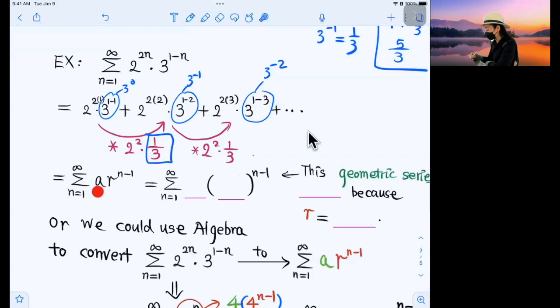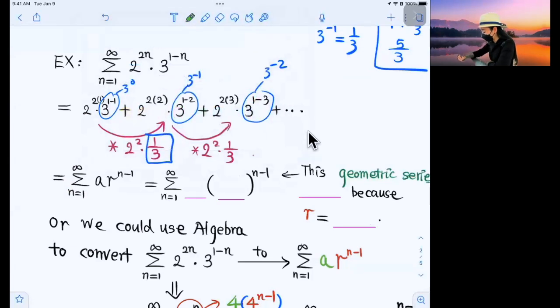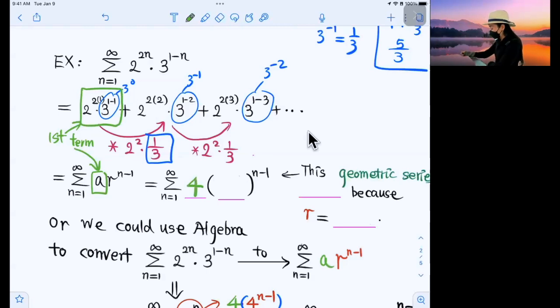A is the first term. What's the first term? That will be 4. Yes, you got it, 4. And then what's the common ratio? R.